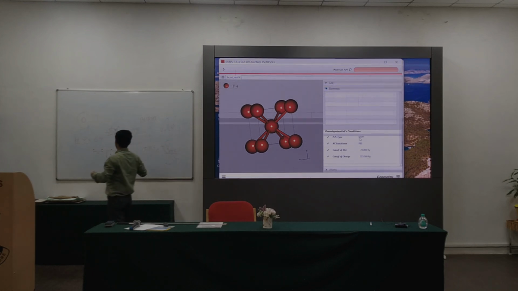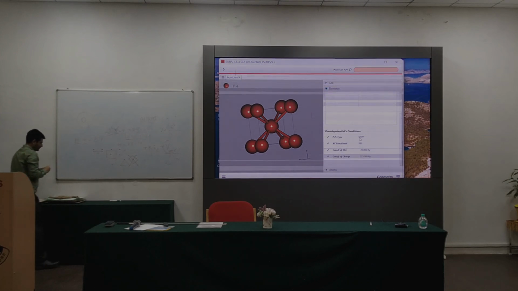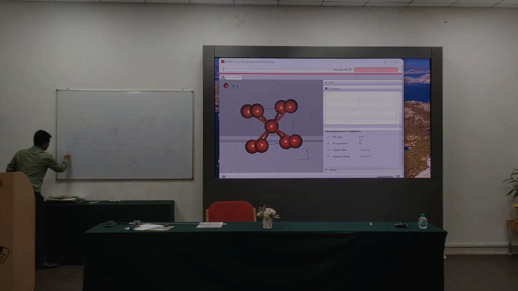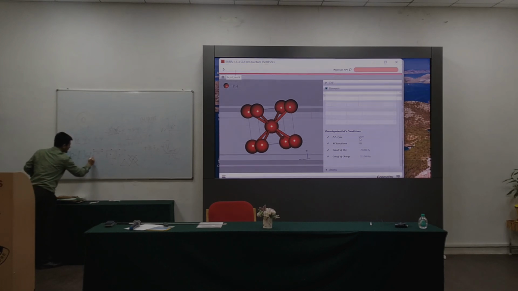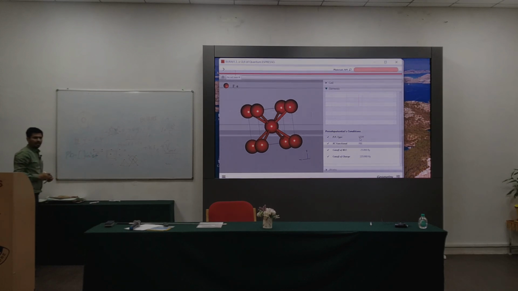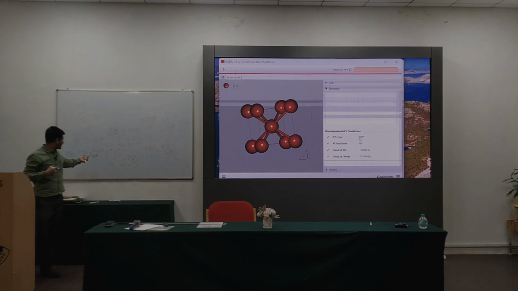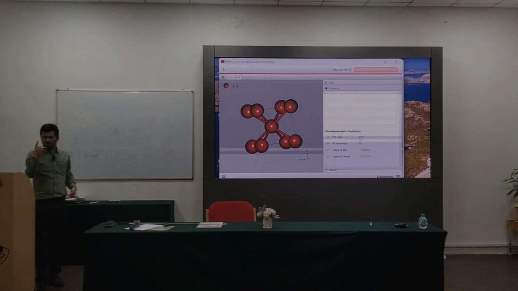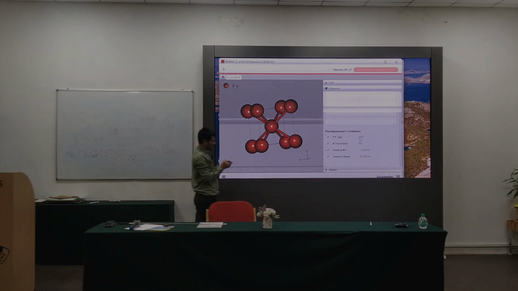So if I go with lead, I have core electrons, then finally 6s2 6p4. Now it is my choice. All 6 valence electrons contributing, or only one, only 2 contributing. That is my choice. Depending upon that I will fix this data.